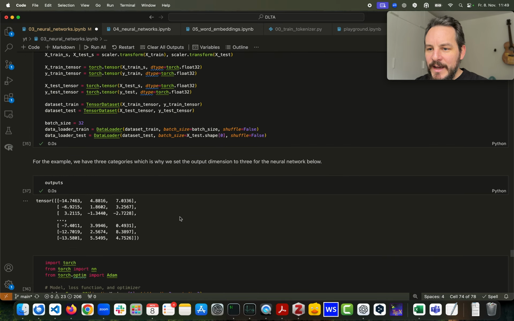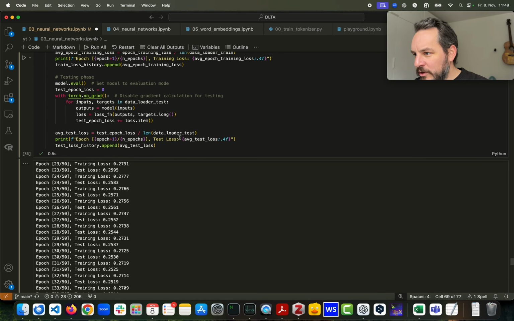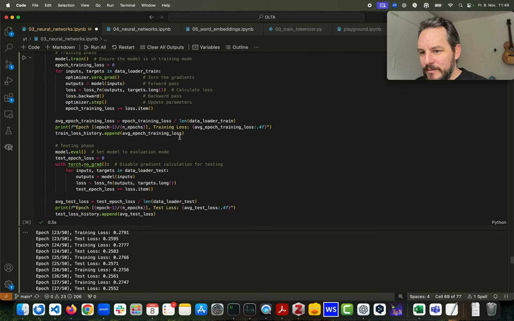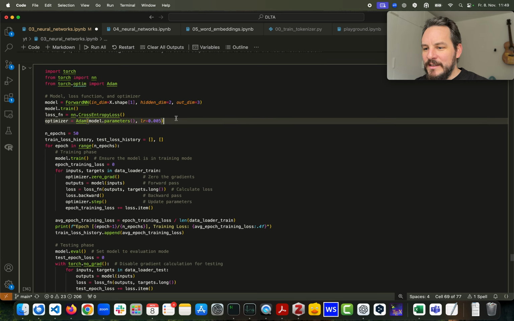Okay, and then let me just erase this here. As I said, it's really the same thing. The only difference is that we now use the cross entropy loss function, but it does exactly the same thing. You can look it up for PyTorch. It's just the automatic handling of the target variable having more categories that is different here. Besides that, it's all the same.